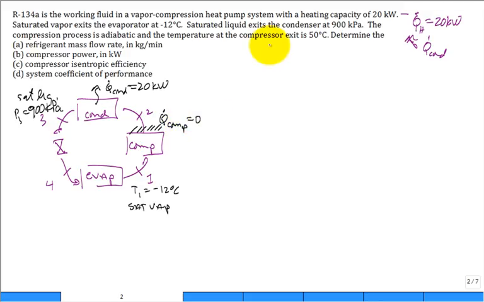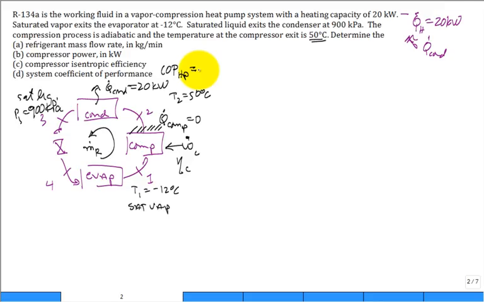And the temperature at the compressor exit is 50 degrees C. So T2 is 50 degrees C. Determine the mass flow rate of the refrigerant, the compressor power, the isentropic efficiency of the compressor, and the system coefficient of performance, COP, as a heat pump. So those 4 things we want to calculate.